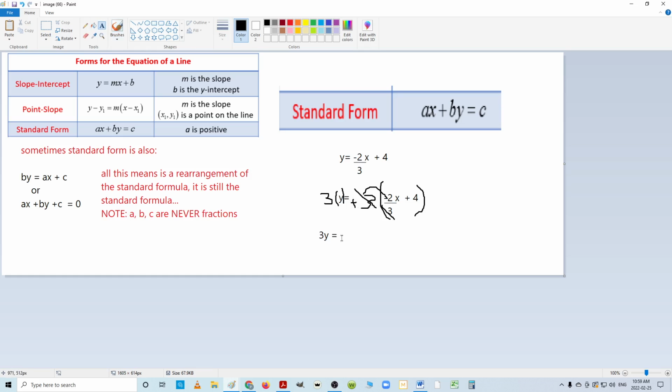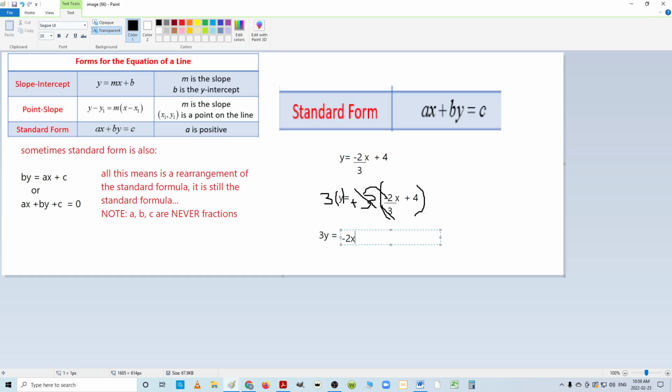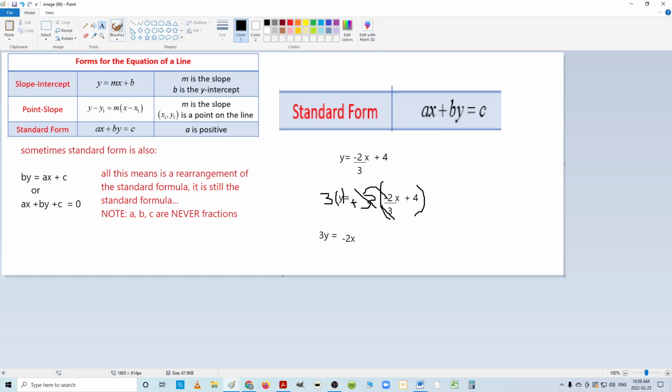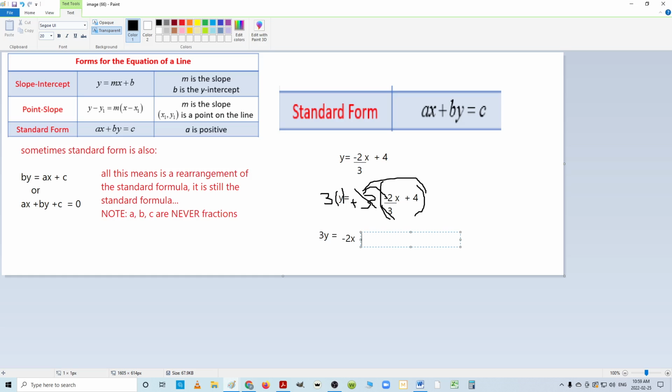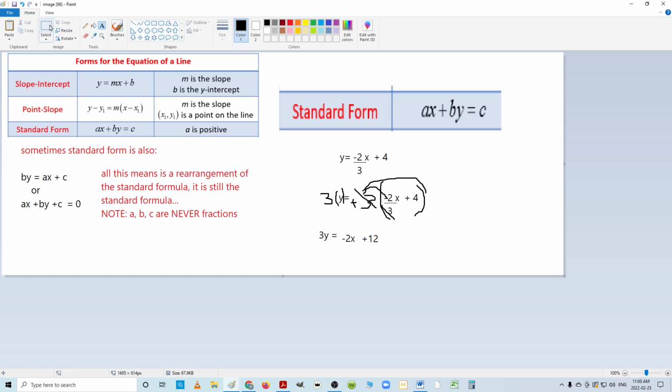So I get minus 2x. And when I multiply plus 3 times the plus 4 over here, I get plus 12. And now, assuming I want the standard form to look like the above, I've got to get that 2x to the other side. So I'm going to add 2x to each side.